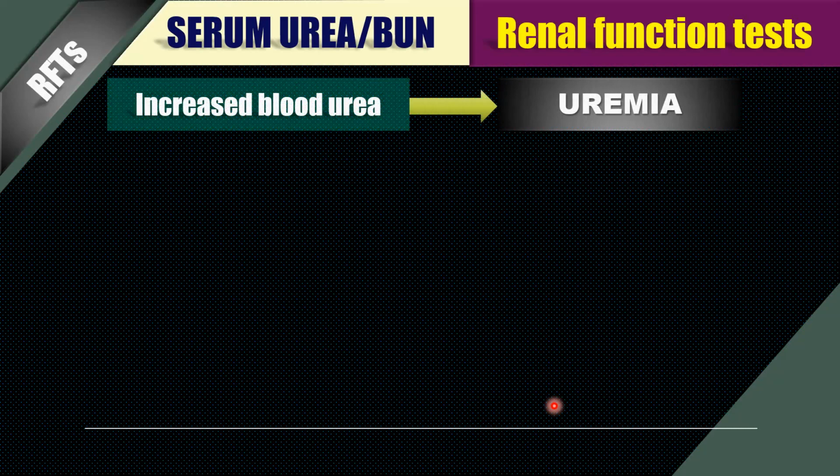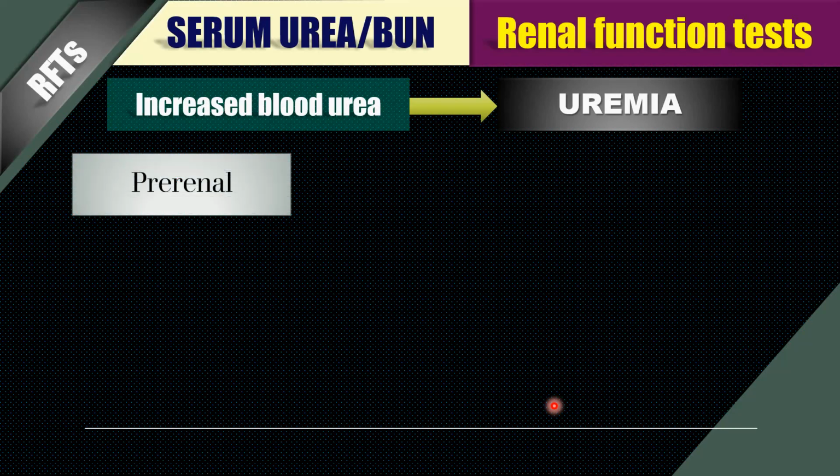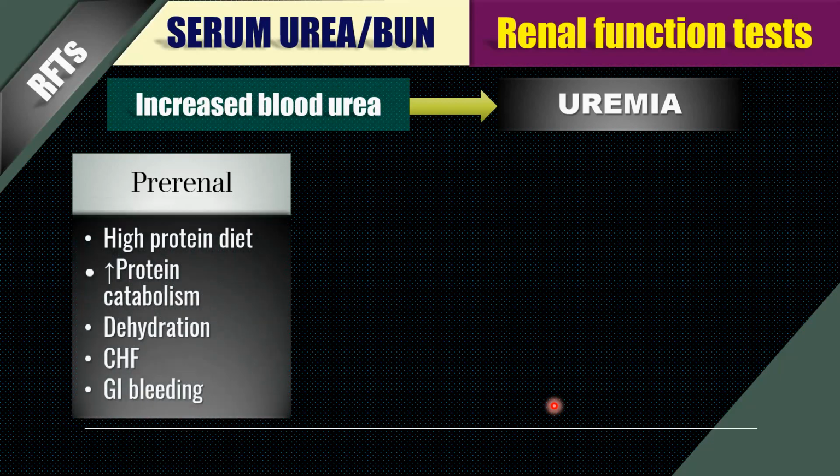There are different conditions where there will be elevated blood urea or serum urea. The reasons for elevation of blood urea could be pre-renal causes like a high protein diet, because we know urea is the end product of protein breakdown, or certain conditions where there will be increased protein catabolism like trauma or surgery, or even in diabetes mellitus or prolonged starvation.